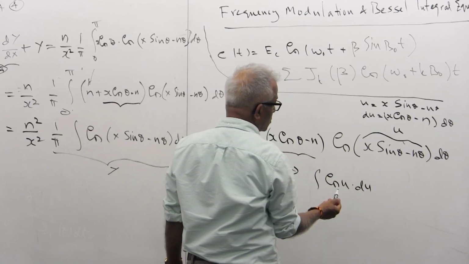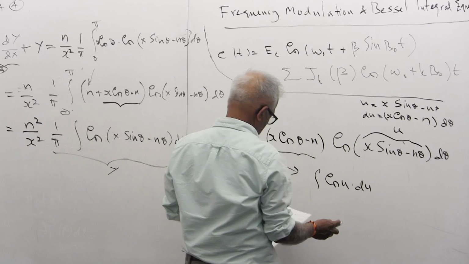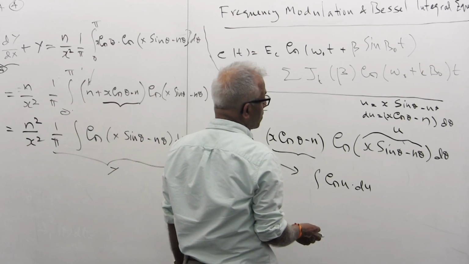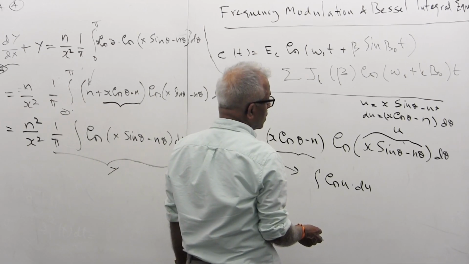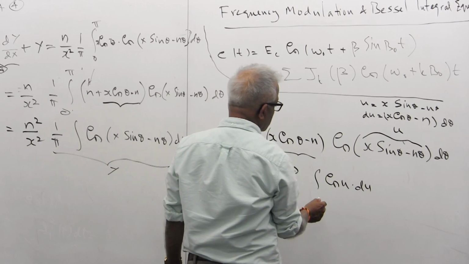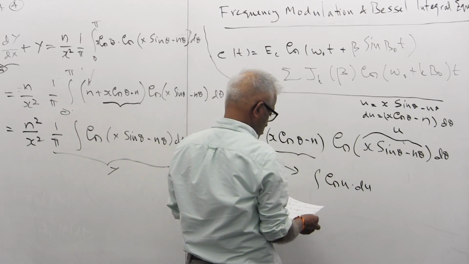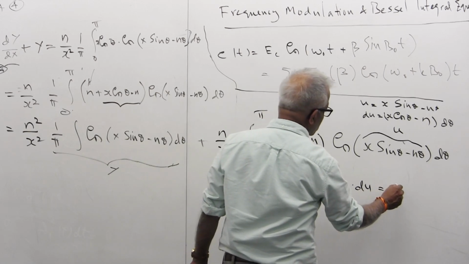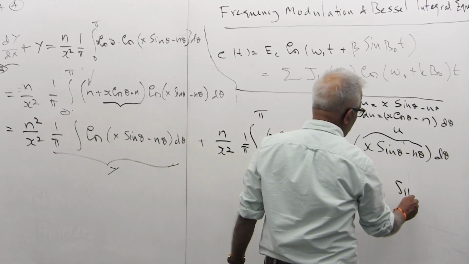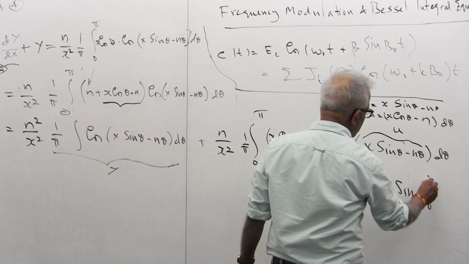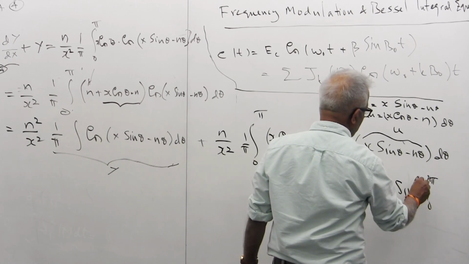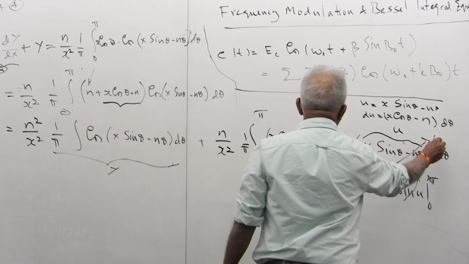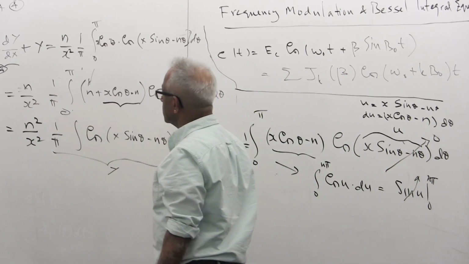At 0 it is 0, and at pi it is n pi. And the integral of cos u is sin u. At those limits it's 0. So this integral will turn out to be 0.